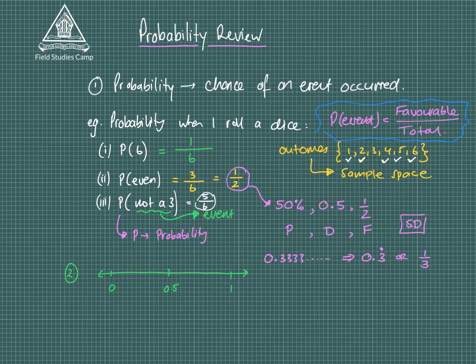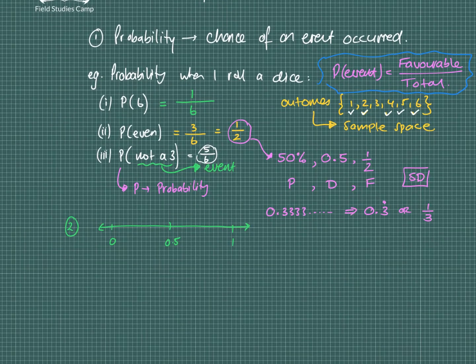When I look at 0.5 and a half, we might remember the words such as even chance, or 50-50. We might say things like certain, or words like impossible.